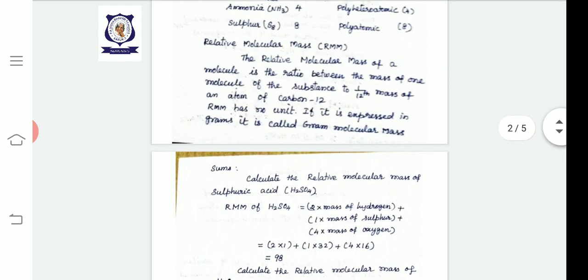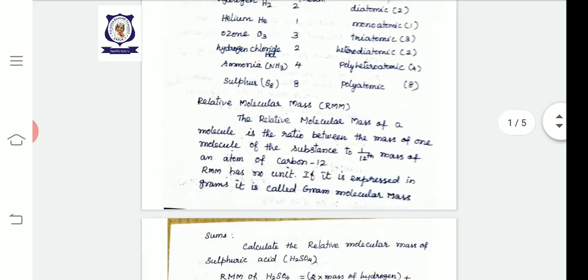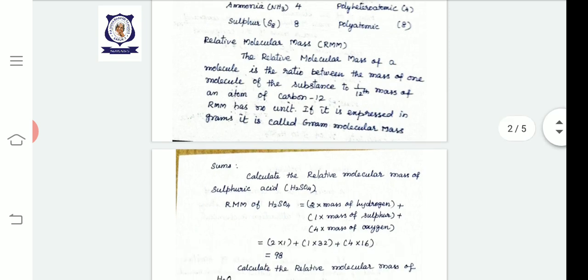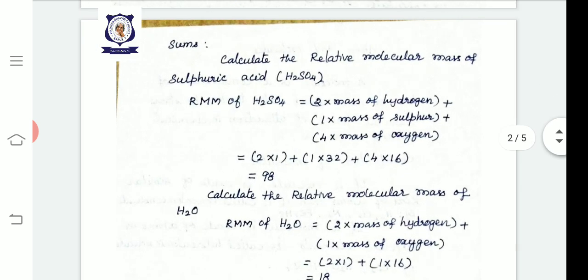How can we measure the relative molecular mass? Already we know this: the number of atoms present in a molecule is atomicity. Now let us calculate the relative molecular mass of sulfuric acid. The molecular formula of sulfuric acid is H2SO4.